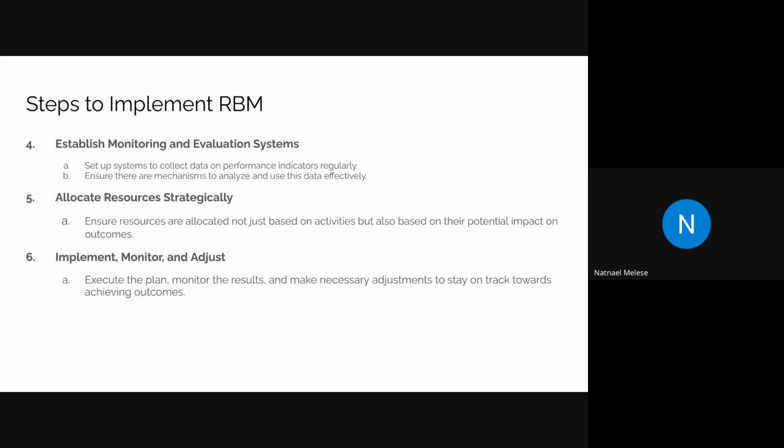You might have to come back to number 4 and establish another system, because your current system might not be working, or you might have to iterate to number 5 because your previous allocation wasn't strategic enough, so you have to redo it. So the sixth step is the most important step.